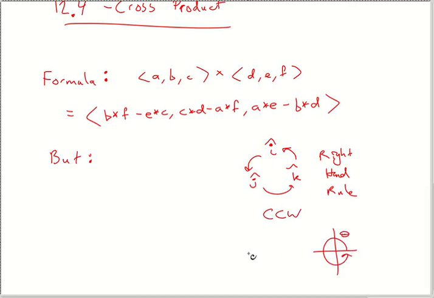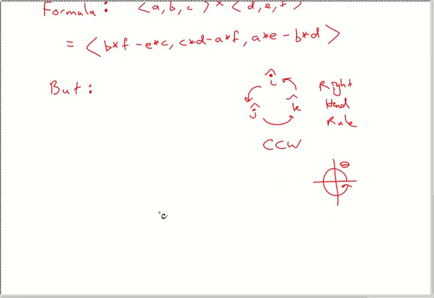So with that understanding, I'm going to give you a better formula. I'd almost rather call it an algorithm, but it's still formulaic. So we have A, B, C cross D, E, F, and this is what it's equal to.